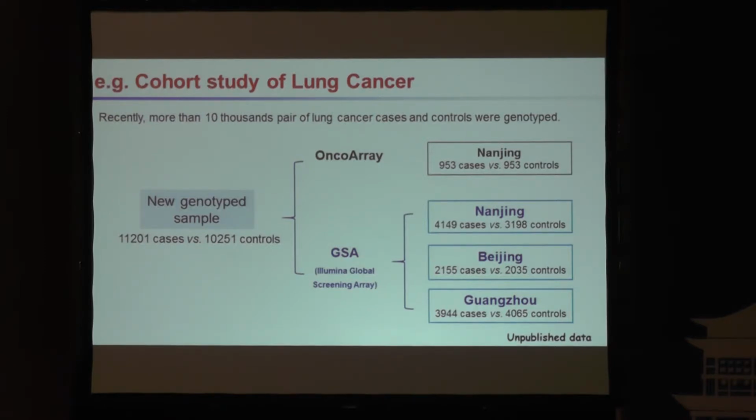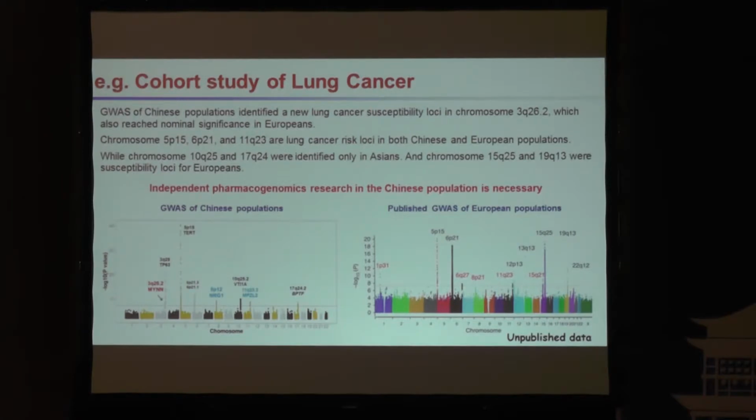Based on these data sets, we identified several novel signals for lung cancer, and we also observed a huge difference in genetic susceptibility of lung cancer between Chinese and Europeans. These results support the opinion that independent pharmacogenomics research in the Chinese population is very necessary.